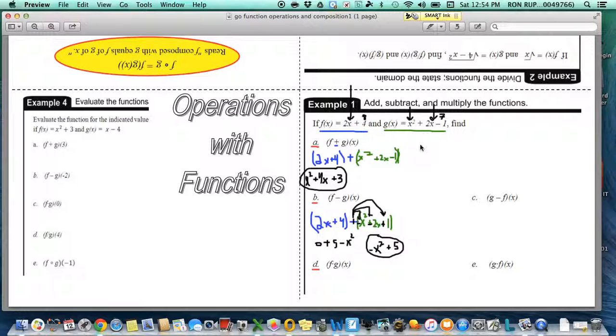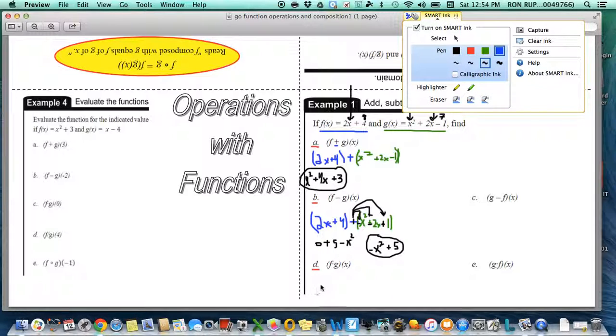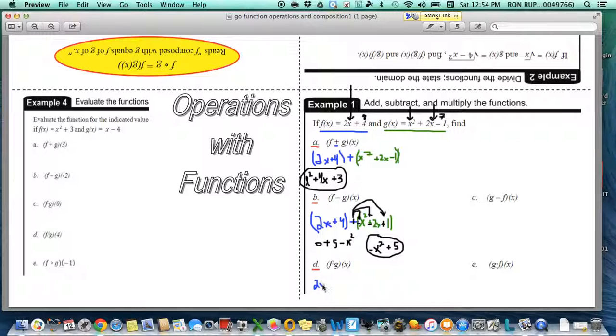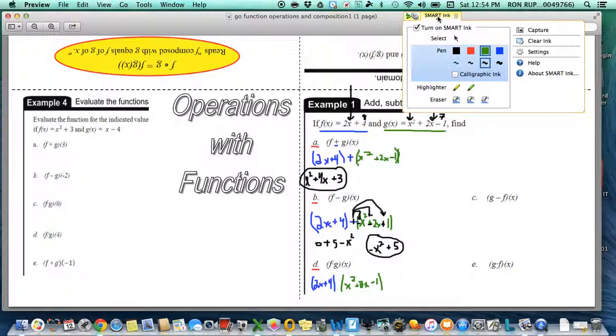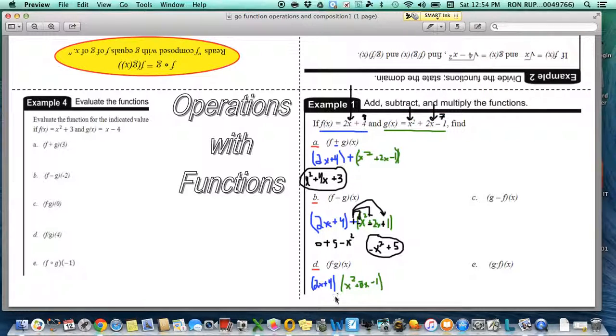So last one, we are going to take f of x, which is 2x plus 4, and we are going to multiply it now by g, which is x squared plus 2x minus 1. And now we're not going to FOIL, because you can only FOIL when it's 2 terms by 2 terms, and I hate that word anyways. So we're going to distribute, because this is multiplication, and when it's multiplication we distribute.